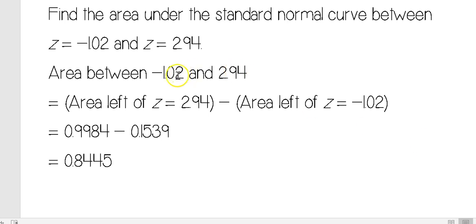The area in between these two z-scores is equal to the big area minus the little area, as I said in class. So to the left of 2.94, you could confirm these on your table, and to the left of negative 1.02, again, you can confirm these, for a result of 0.8445.